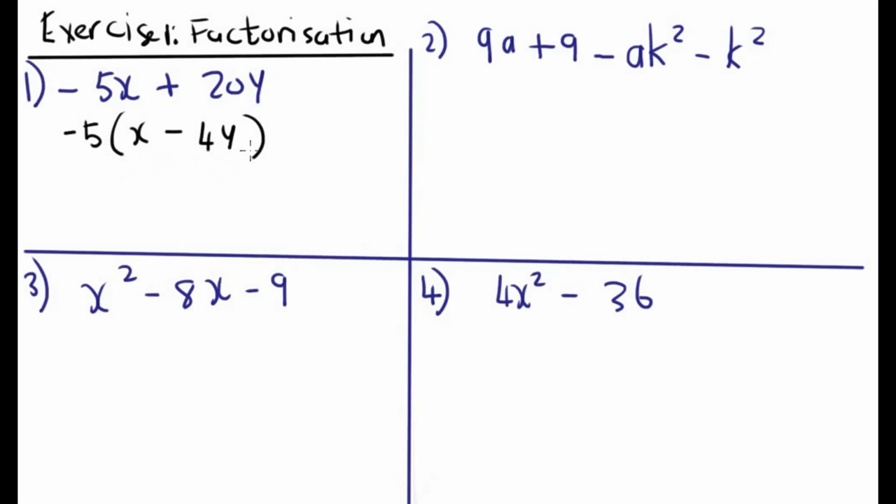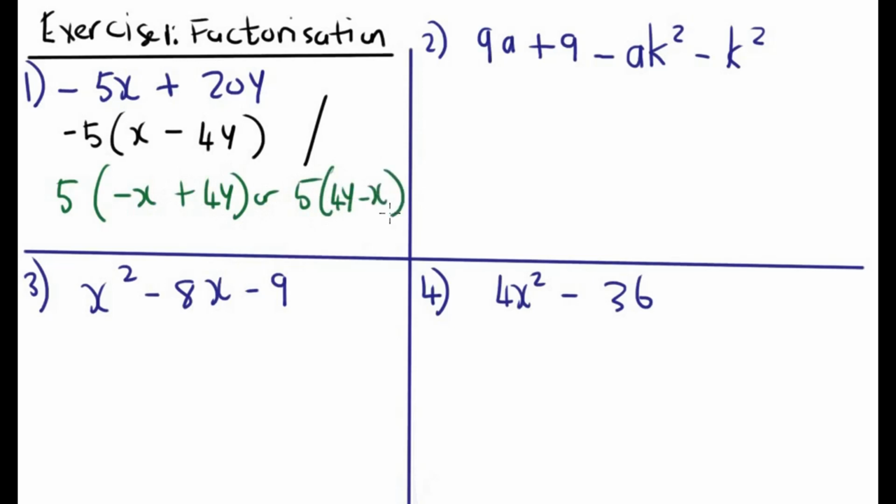Generally we would take out negative 5 as a common factor, but it wouldn't be incorrect if you took out positive 5. Your answer is then negative x plus 4y, or it can even be 5 multiplied by 4y minus x. All three of those answers are correct, but the more correct one is probably the first one.